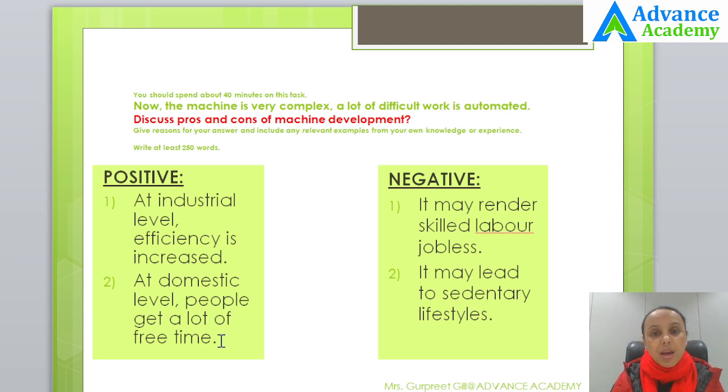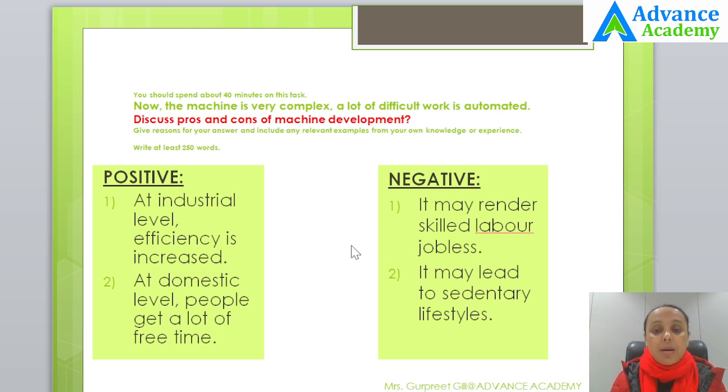So in that free time, they may put that time to a constructive use. For example, people might take rest or they might entertain themselves, they might socialize, they might do some extra work that is related to their money. So in this way, we would write one point each for industrial benefit and for the benefit at home.